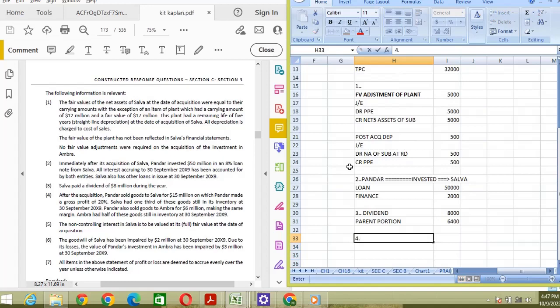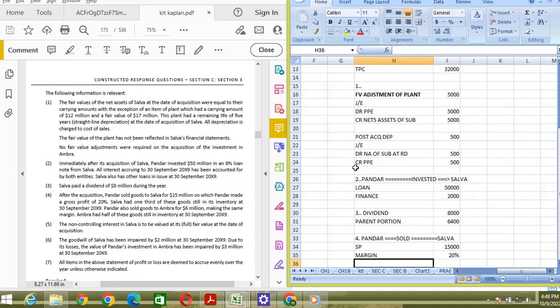So point number 4. After the acquisition, Pandar sold goods to Salva. The selling price is 15 million, that is 15,000, and gross profit of 20%. It means margin, so 20%.